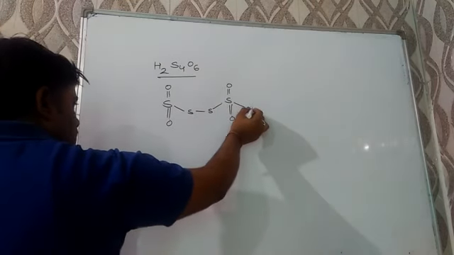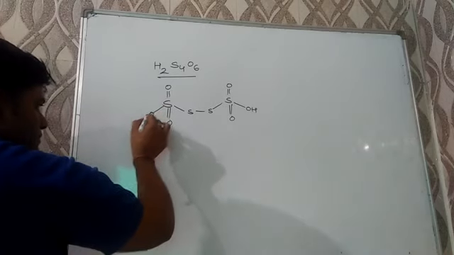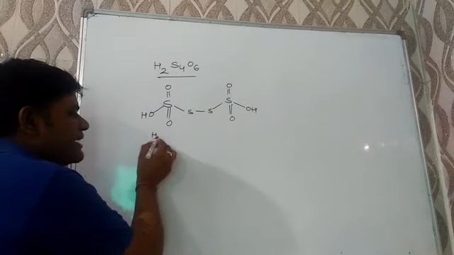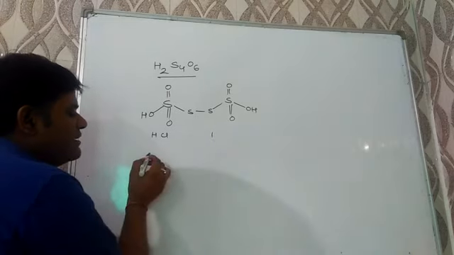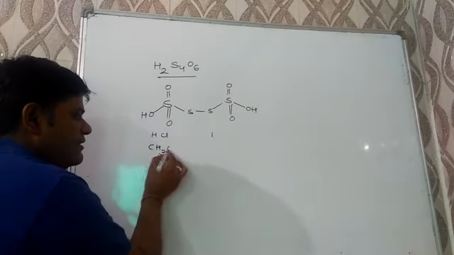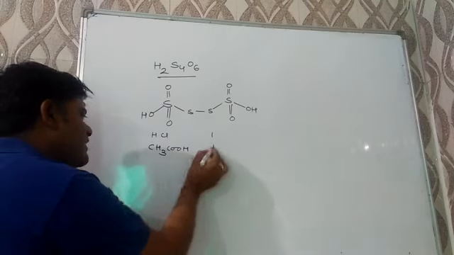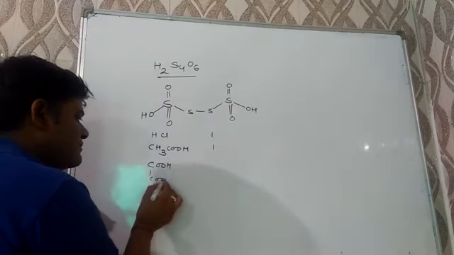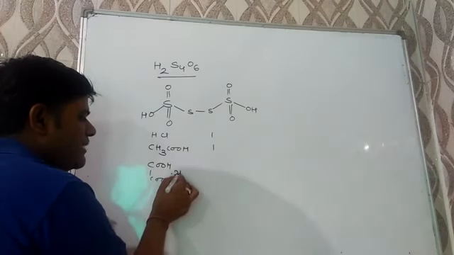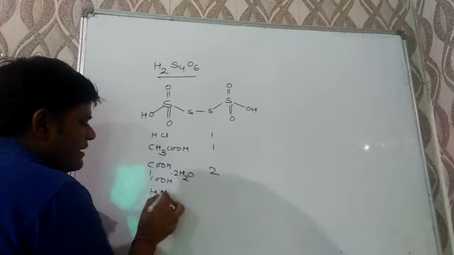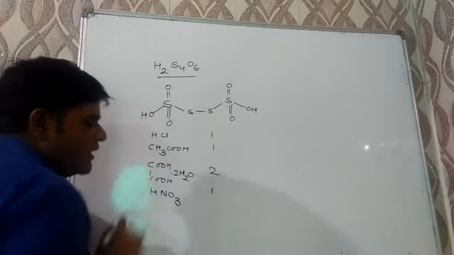Next acid I am taking is HCl, basicity is 1. Next one is acetic acid, basicity is 1, and oxalic acid, basicity is 2. For HNO3, basicity is 1.